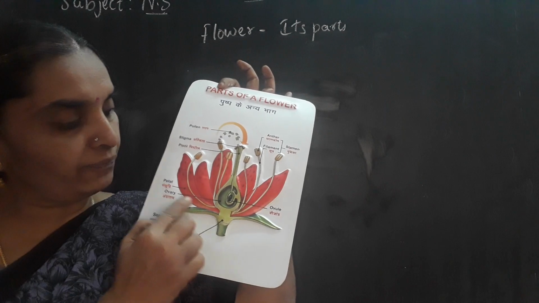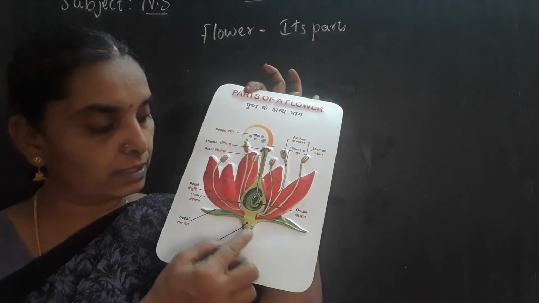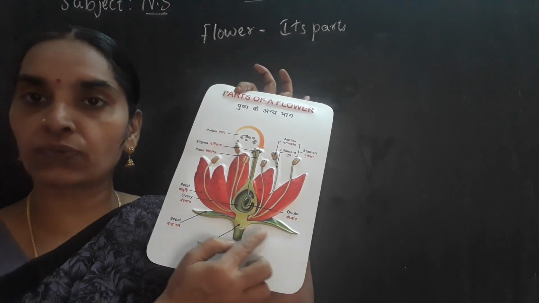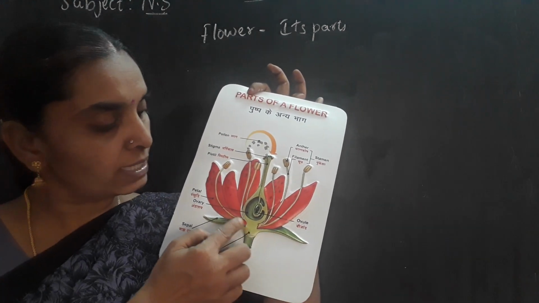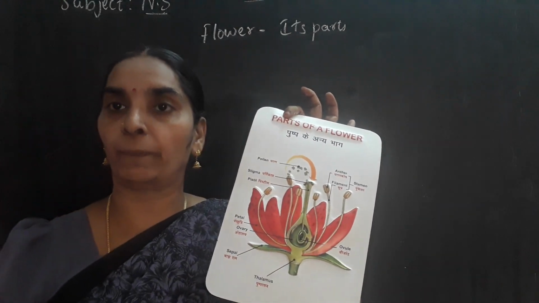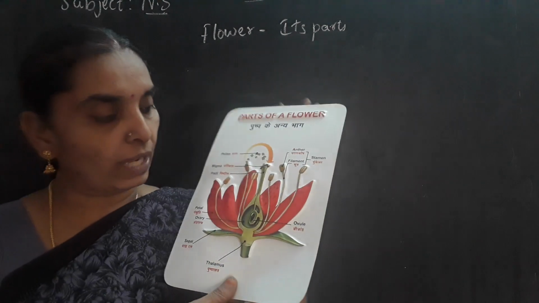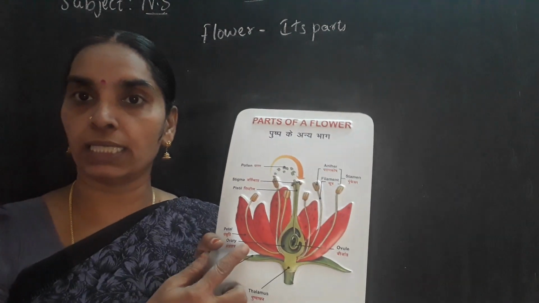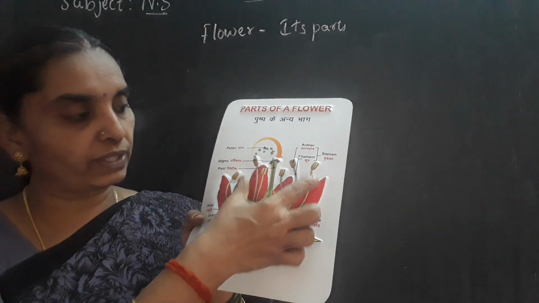Next, the green leaf-like structures on the thalamus constitute the first whorl of the flower, which are called sepals. Over the sepals, you can see the red colored parts. They are called corolla or petals, which are different in different flowers. The flowers are of different colors. This is the corolla region of the flower.